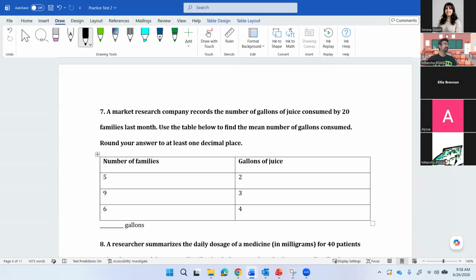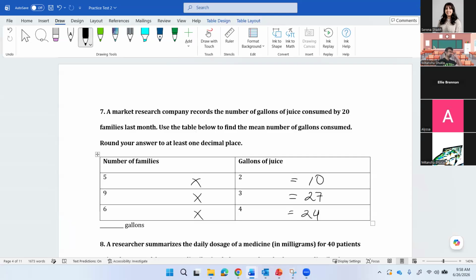Okay. So a weighted average, what we want to do is multiply the number of families and the gallons of juice. So we've got 5 and 2. 5 times 2 is 10. We've got 9 times 3 is 27. We've got 6 times 4 is 24.